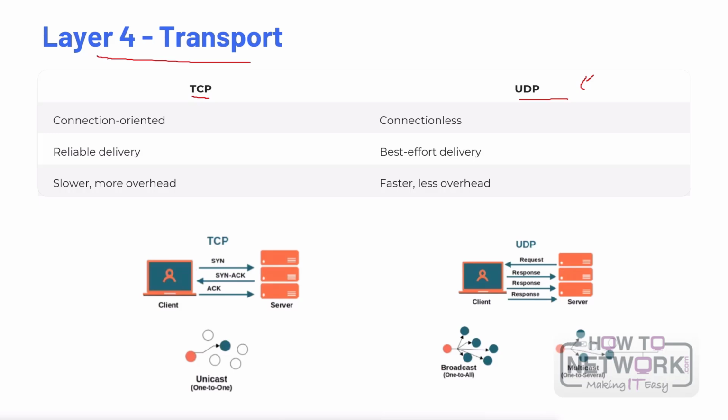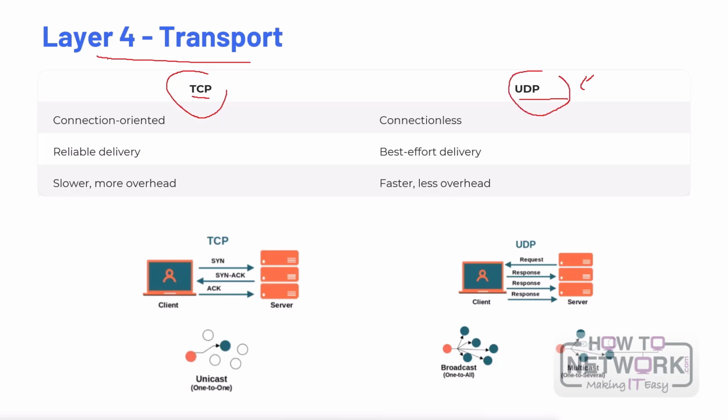Now, what are the key differences between TCP and UDP? The primary difference between TCP and UDP lies in their connection-oriented and connectionless nature. TCP prioritizes reliability and guaranteed delivery, while UDP prioritizes speed and efficiency.